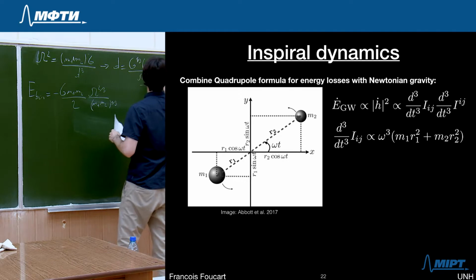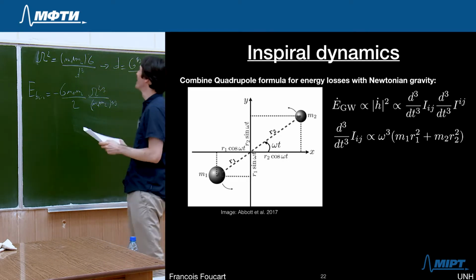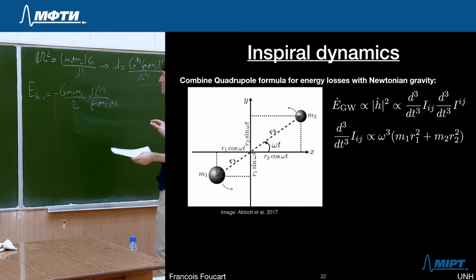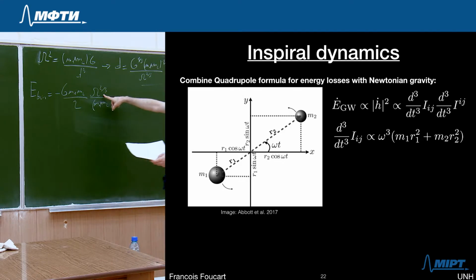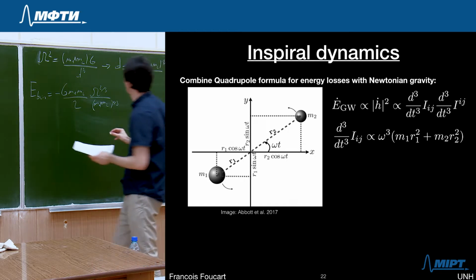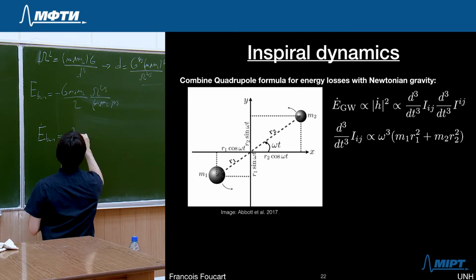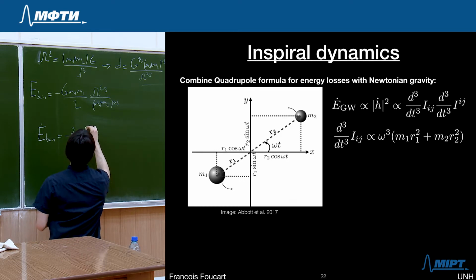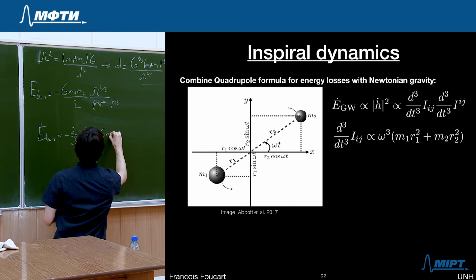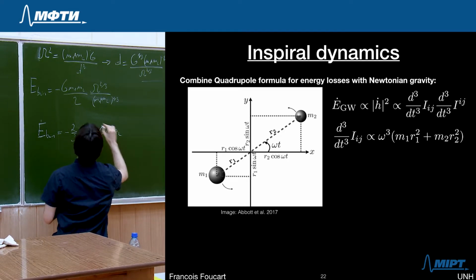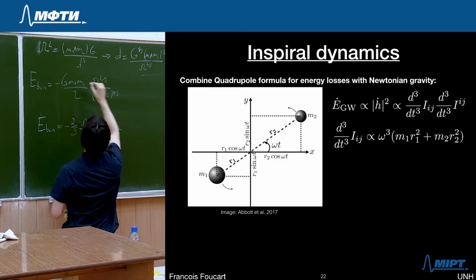Sorry, this is the total mass here. Yes, it's the total mass. All right, so now I can actually take the derivative of this. The only thing that changes over time, assuming that the masses are constant, is the orbital frequency. There's a G somewhere actually, but it doesn't really matter here.